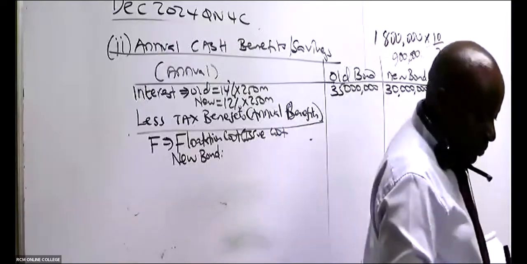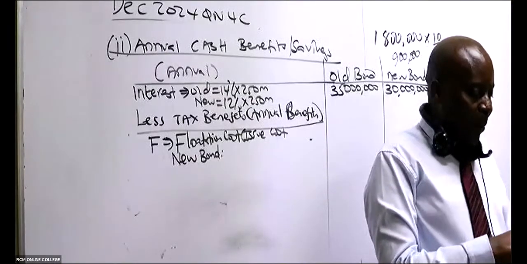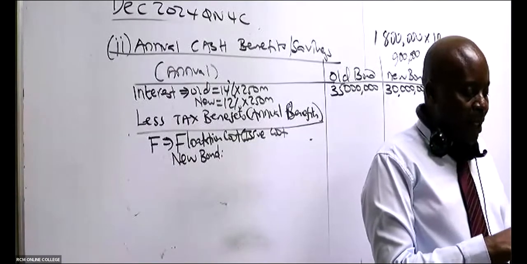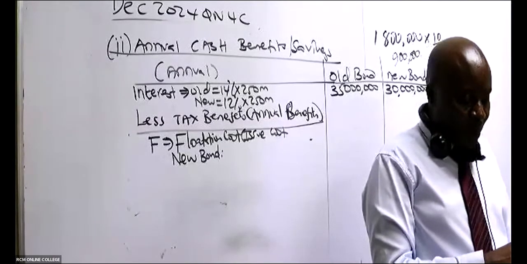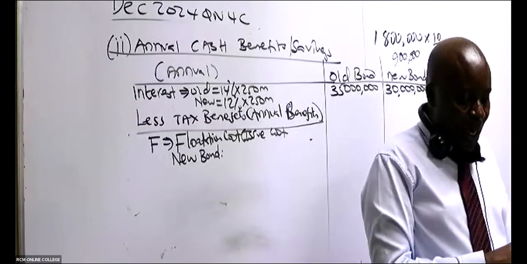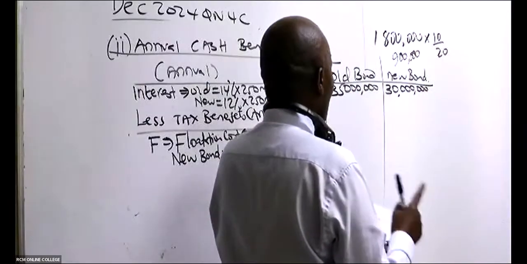The old one, the issue cost. You can see we are told up there, sentence number 2, that ABA Limited still has in its books issue costs amounting to 900,000, being half the total amount originally capitalized. So there are two ways.